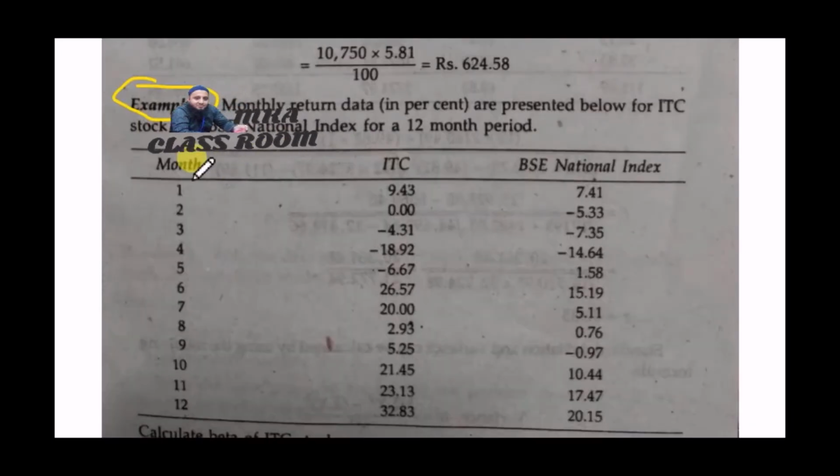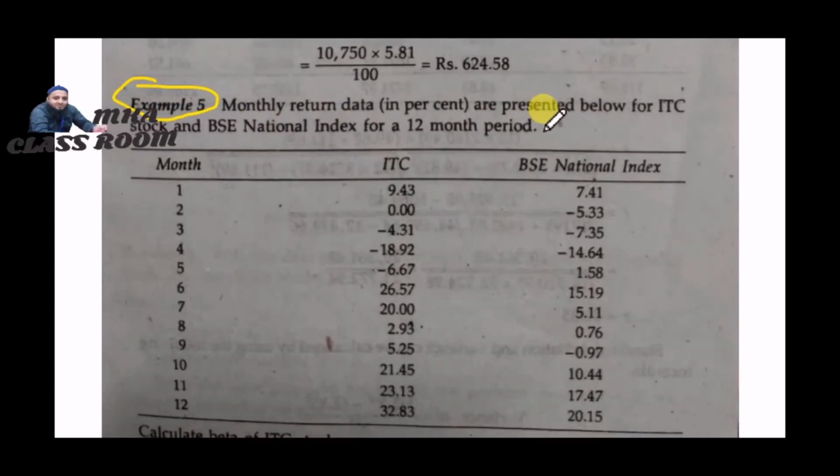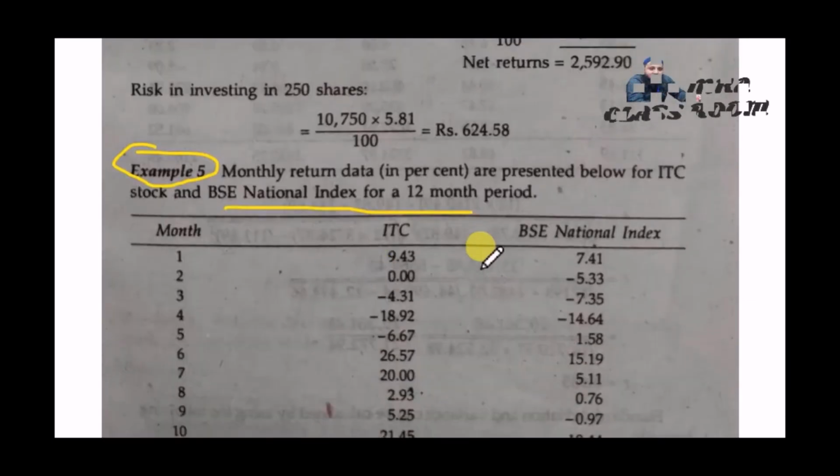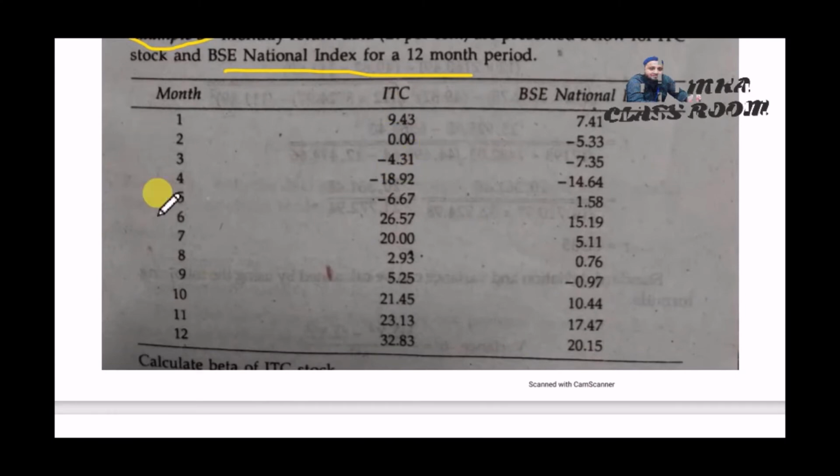So here are the monthly return data and the national index for the 12 months. Calculate ITC beta. This is our problem. So you have to see that a stock's return is given.